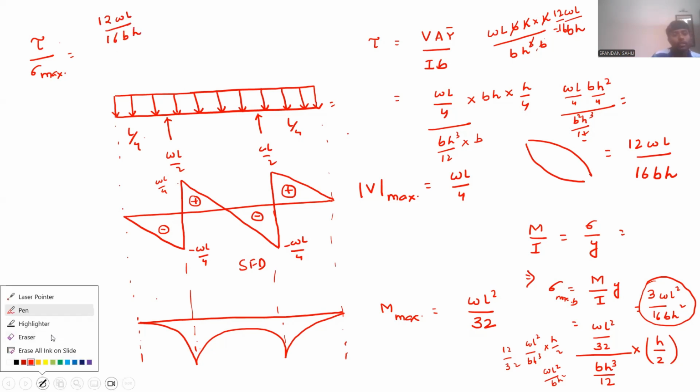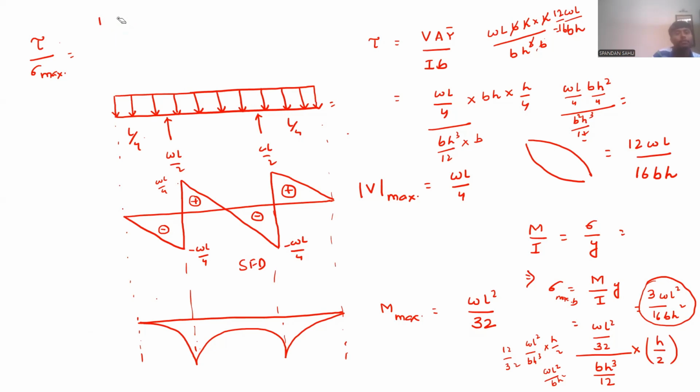Okay, 12 upon 16 will become 3 by 4, divided by 3 W L square upon 6 B H square.